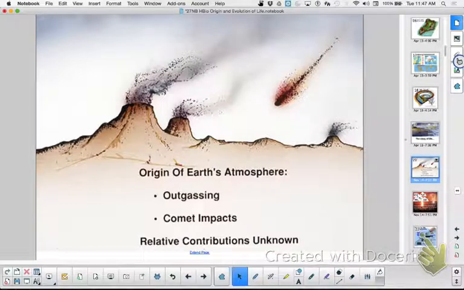Come back to me. Gases on early Earth: we know about subduction zones, volcanoes and rings of fire. So these are the gases that we would have.